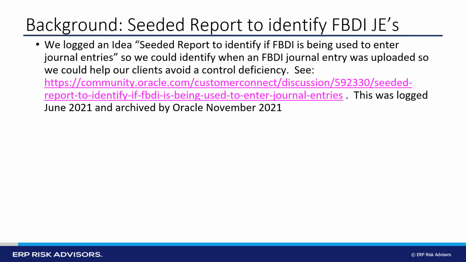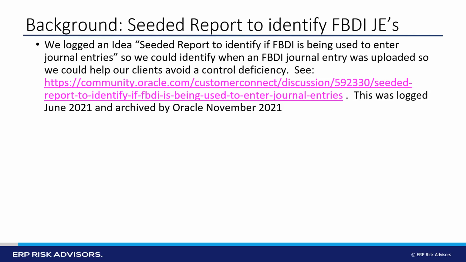So I think what we're asking for here is something programmatic. Is there a flag? Is there a differentiation between FBDI and ADFDI? The process that our client went through is a process that all publicly traded companies probably should have been asked to go through on behalf of their external auditors.